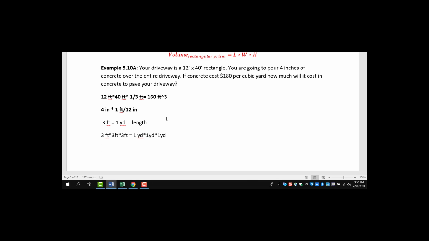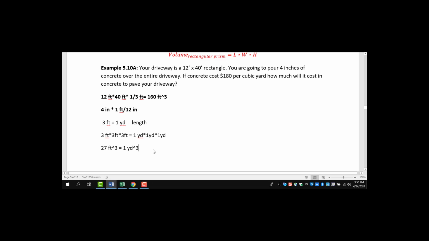And 3 times 3 times 3 is 27 feet cubed equals 1 yard cubed. So there's the relationship between cubic feet and cubic yards.